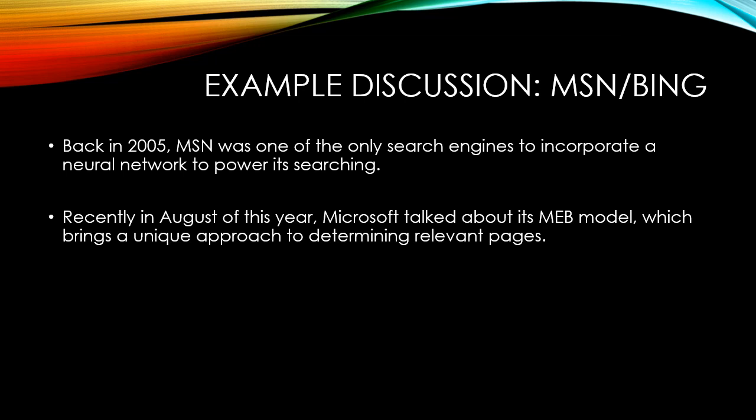Microsoft also states that the MEB model can determine if a web page contains relevant information, even if it doesn't have keywords that are identical or similar to the search query. It is able to achieve this by using binary features instead of numerous features.